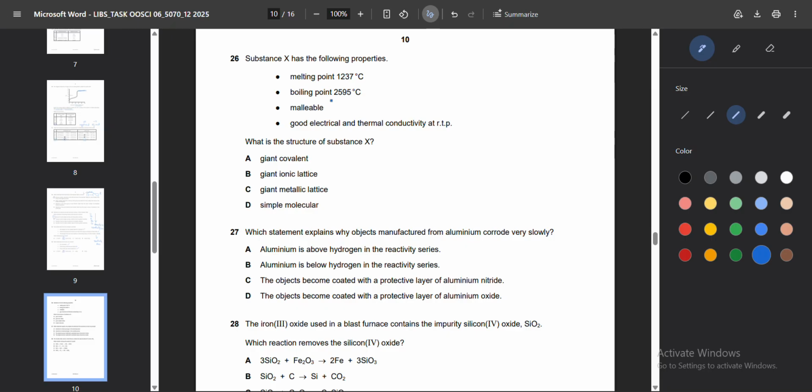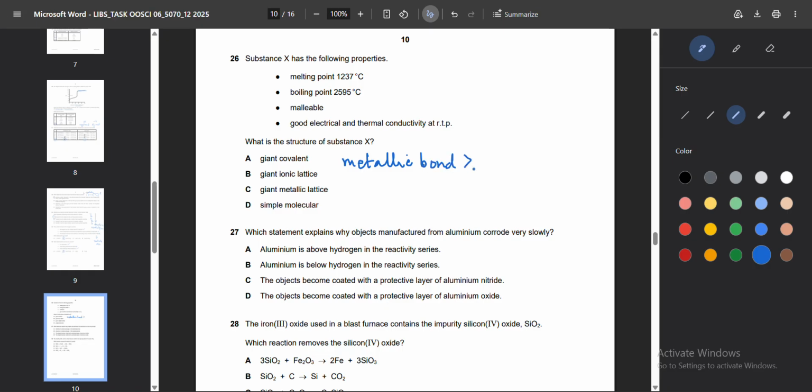Number 26, substance X has the following properties. Its melting and boiling points are given, it's malleable and has good electrical and thermal conductivity. What is the structure of substance X? It's giant covalent, giant ionic, giant metallic, or simple molecular. Now if you compare the bonds, metallic bond is the strongest of all.